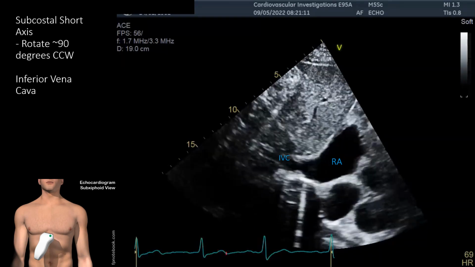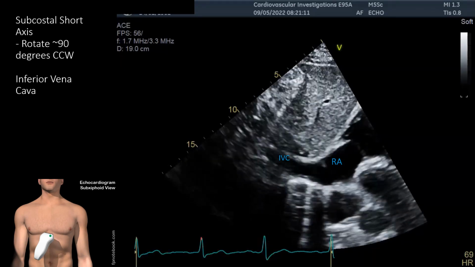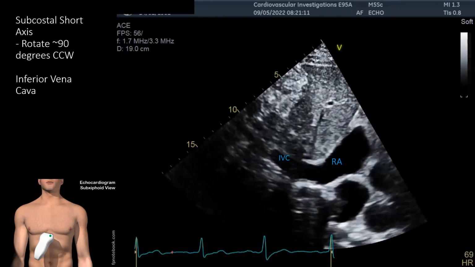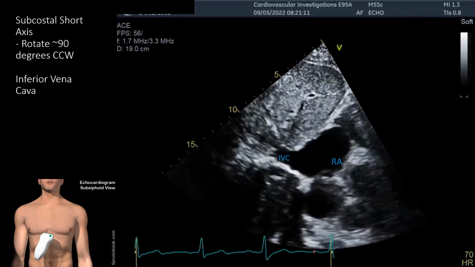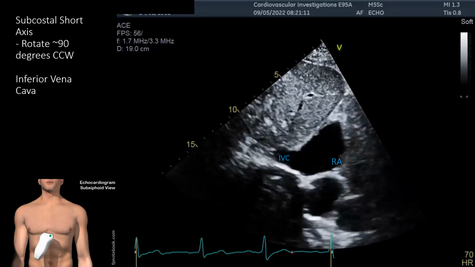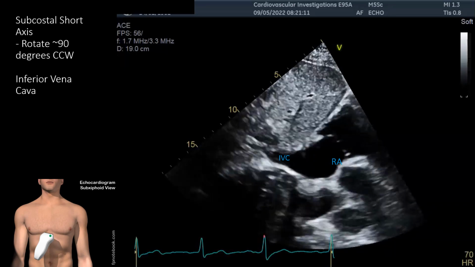By rotating the probe so that the marker is pointed towards the head, or the 12 o'clock position, we can obtain a view of the inferior vena cava as it drains into the right atrium.